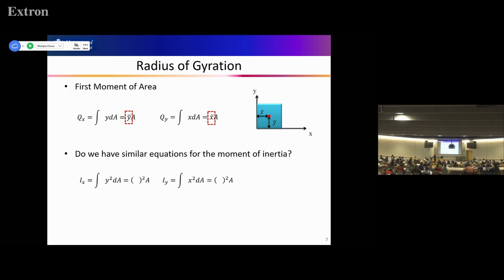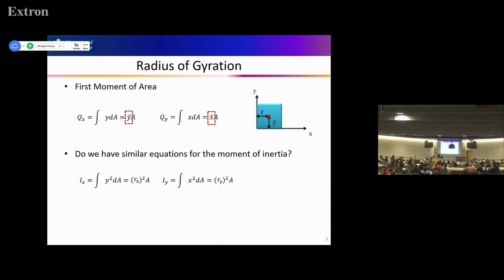If we express Ix as something squared times A, that is the difference between the moment of area and the moment of inertia. Then the term in the empty space is the radius of gyration. For Ix it is Rx, the radius of gyration with respect to the x-axis, and therefore for Iy it is Ry.